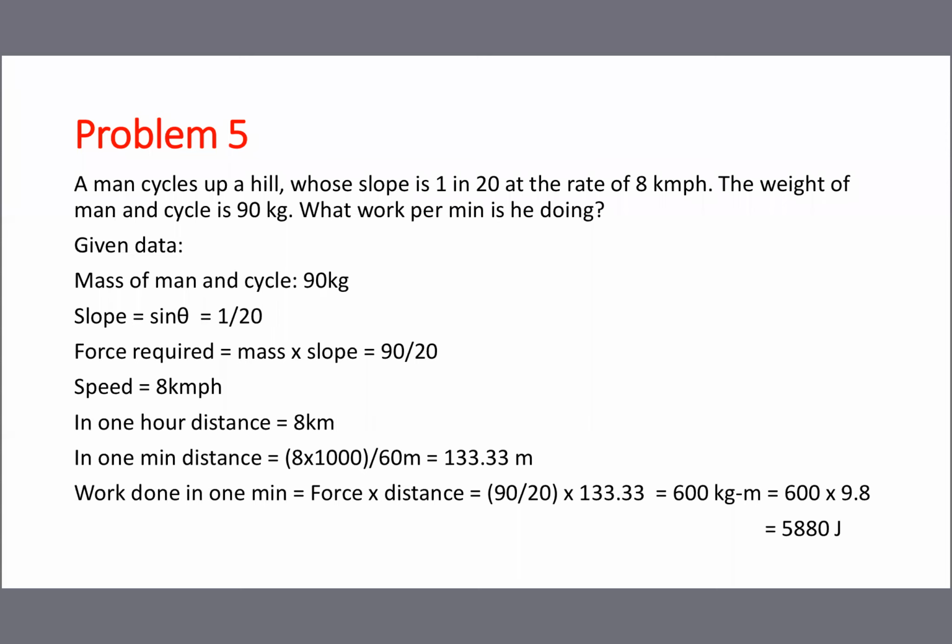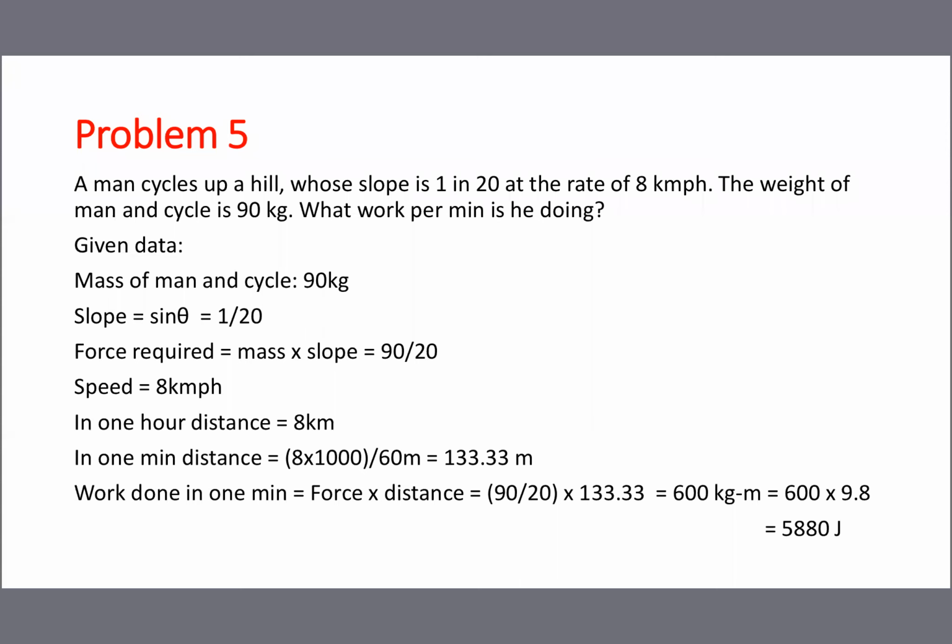A man cycles up a hill whose slope is 1 in 20. A new data coming, slope given. And speed given, 8 km per hour. Now go through the data. Given data, mass of the man and cycle 90 kg, mass given.